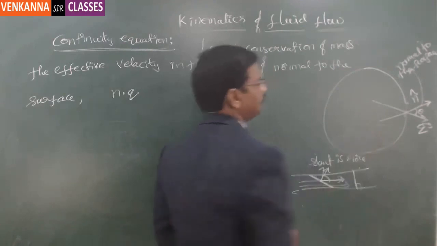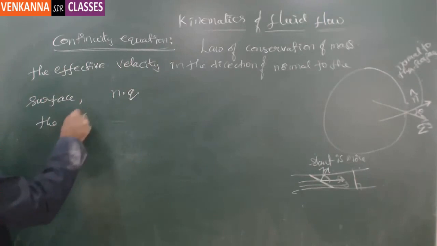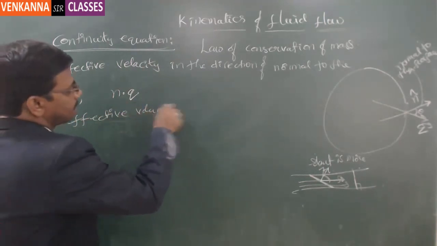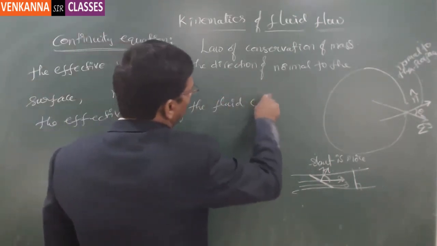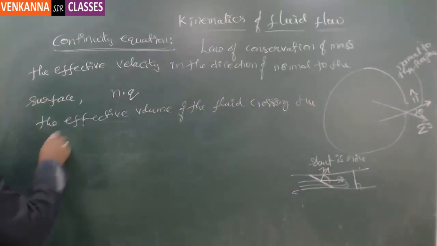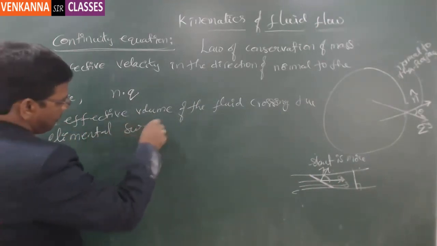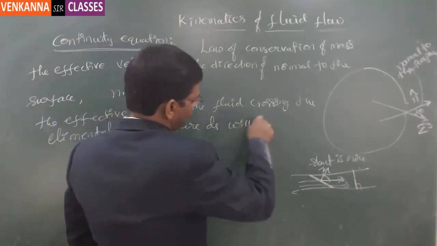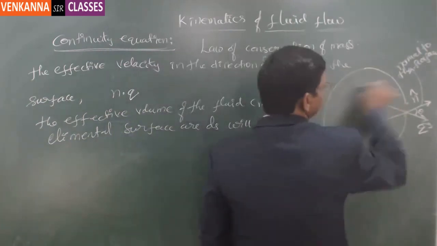So this is n dot q. The effective volume of the fluid crossing the elemental surface area ds will be... So here the fluid is within this, right?